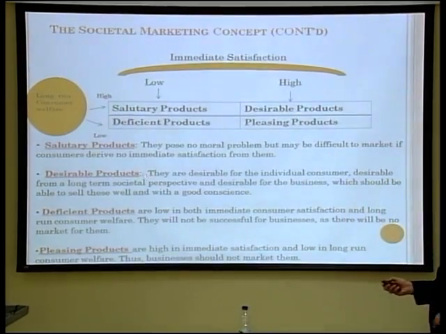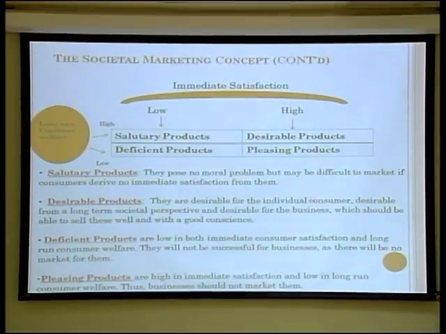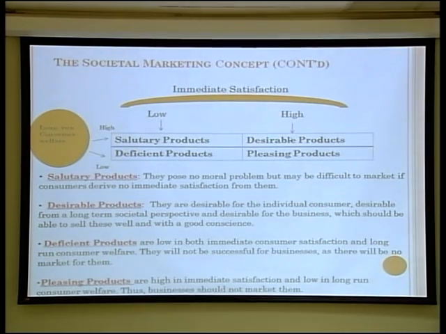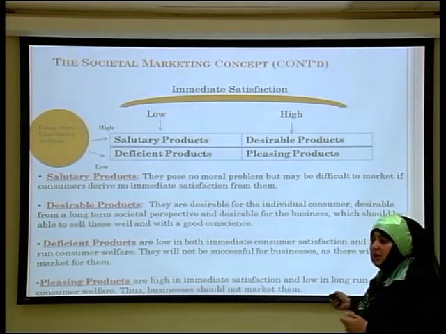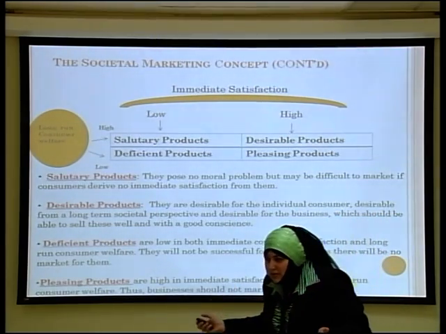Okay, desirable products. They are desirable for the individual consumer, desirable from a long-term societal perspective, and desirable for the business, which should be able to sell these well and with a good conscience. These are desirable products, high.